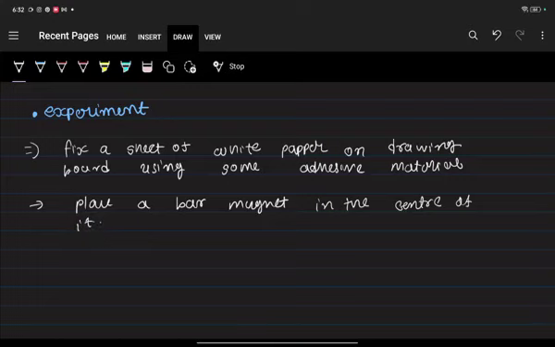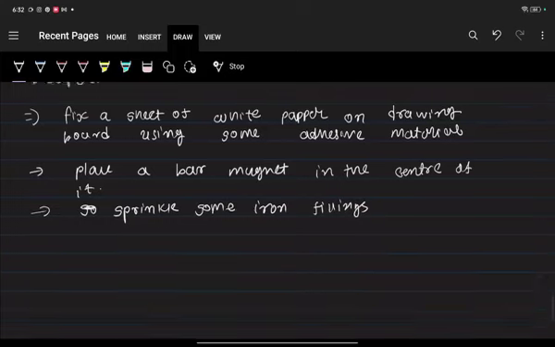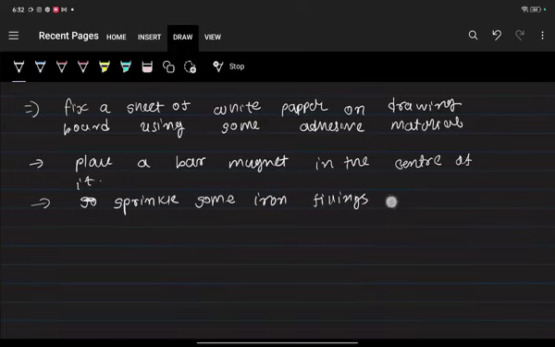Sprinkle some iron filings uniformly around the bar magnet.